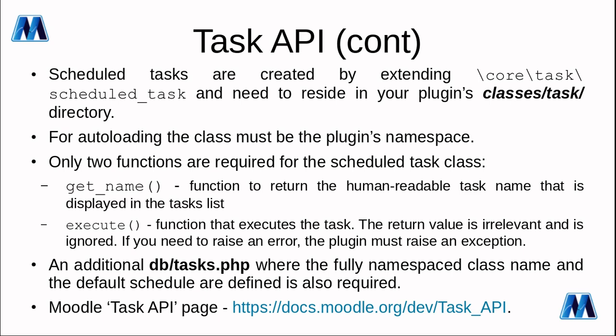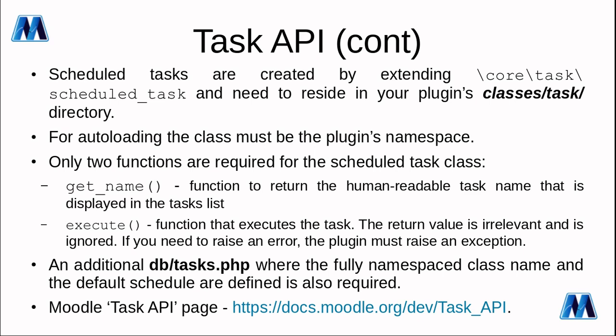Only two functions are required for scheduled tasks: the get_name function, which returns the name of the task, and execute. That's the function that actually does the work of the task. The return value is irrelevant and is ignored. You need to raise an exception if you want to raise an error, and errors are logged.